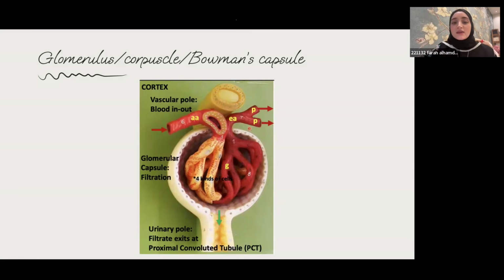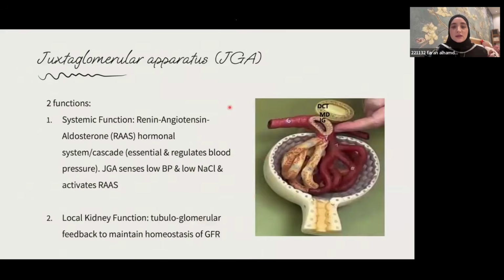Then we have the vascular pole. The vascular pole is a bit special because it has specialized types of cells here in this triangle. This triangle is made by the afferent artery, the efferent artery, and the distal convoluted tubule. And this area, we call the juxtaglomerular apparatus, and I'll tell you what that is.